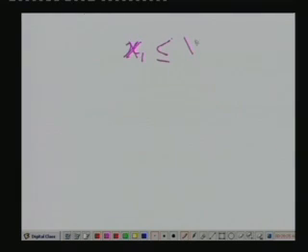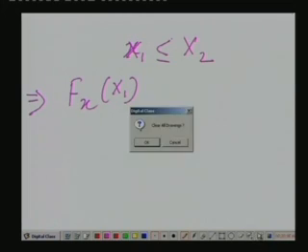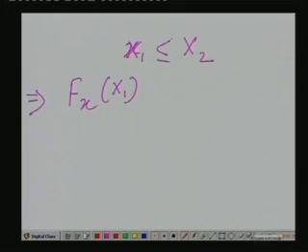Next, if you consider things like this, x1 less than or equal to x2, then F of x1 is less than or equal to F of x2.